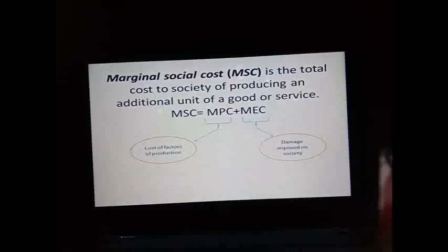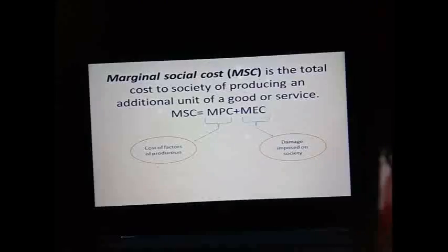In discussing externalities and market failure, some terminologies are there, like marginal social cost, marginal private cost, and marginal external cost, and we have to define all these things. Marginal social cost is nothing but the composition of marginal private cost and marginal external cost. So what is marginal private cost?